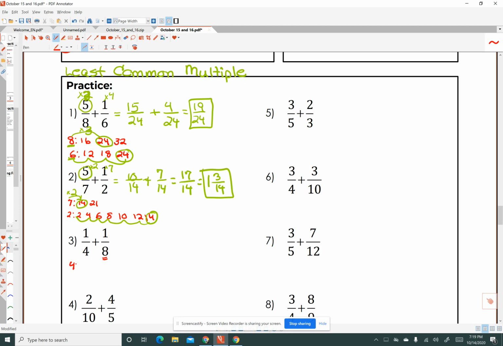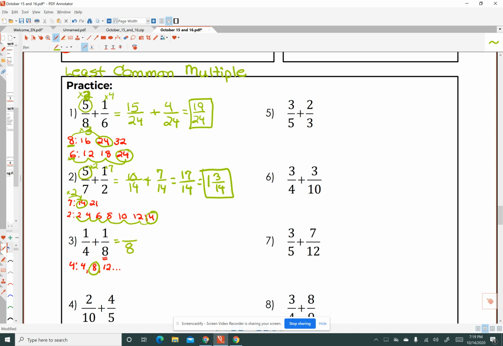So if we look for multiples of 4, we have 4, 8, 12, and so forth. So because 8 is a multiple of 4, we can use that denominator and keep it the same for 1/8, but we'll need to convert 1/4 to eighths. So let's do that now.